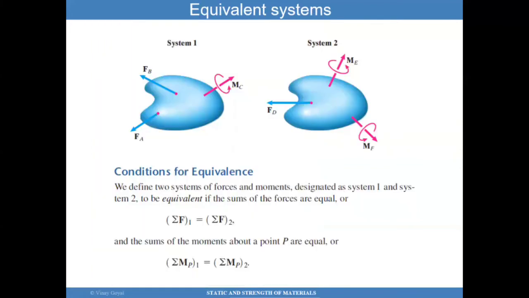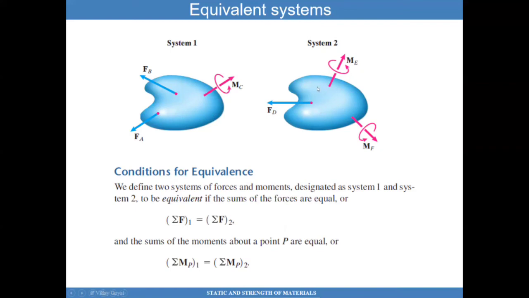So we will discuss now equivalent systems. You have two sets of systems, system 1 and system 2. And we say that two systems are equivalent if the summation of the forces in this system is equal to the summation of forces in this system.